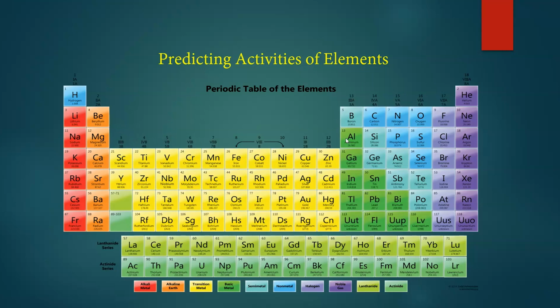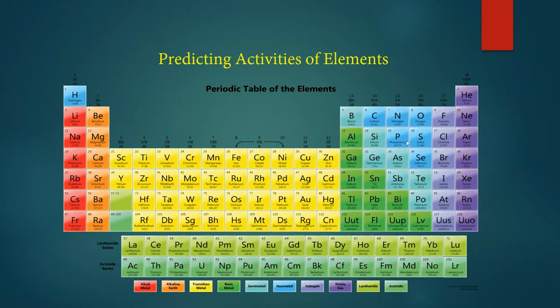They're both metals, which means they both want to lose electrons, but which one's going to want to lose them more? The answer, of course, is magnesium, because magnesium is farther to the left than aluminum, and that means it has a stronger desire to lose electrons. So we would predict that magnesium would be more active than aluminum, and if you did the reaction in the lab, that would be absolutely correct.